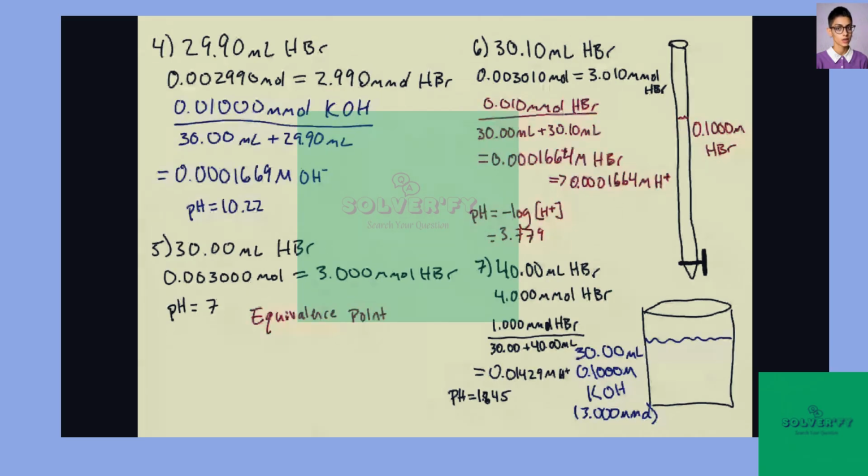Then our next step is even closer to the equivalence point. And step 5 is the equivalence point, and this is where we have a pH of 7. Then at step 6, we continue after the equivalence point, and this is where our pH starts to decrease below 7. And then once we get to step 7, we're at the end of the titration curve once the pH starts to flatten out.